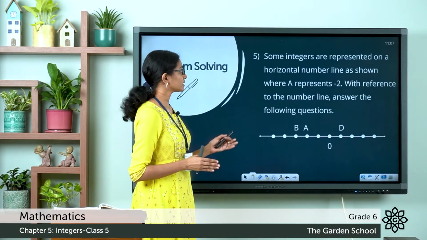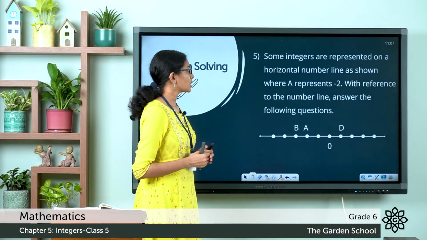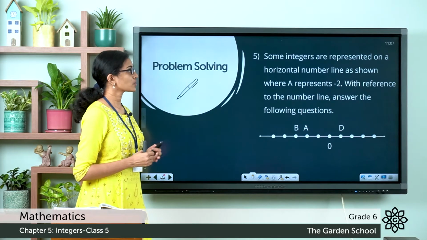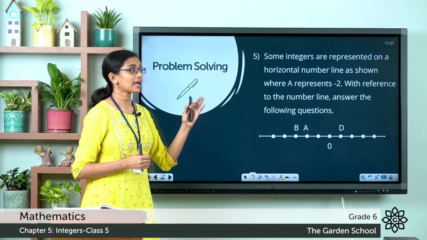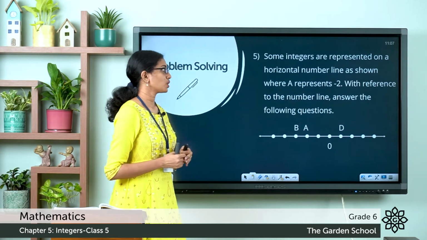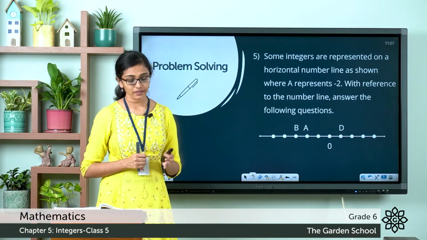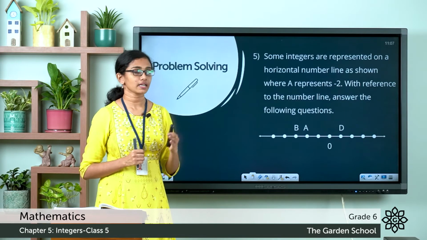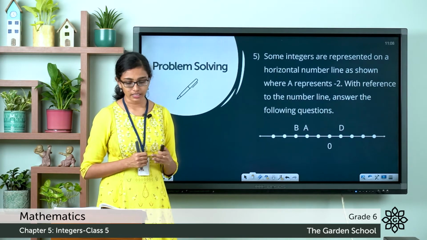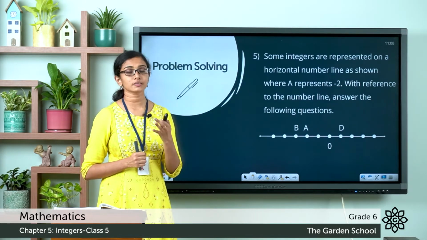Question number 5. It says some integers are represented on a horizontal number line as shown, where A represents minus 2. With reference to the number line, answer the following questions. So there are a few questions based on the number line shown there. So let's say the first question, which point represents minus 3?